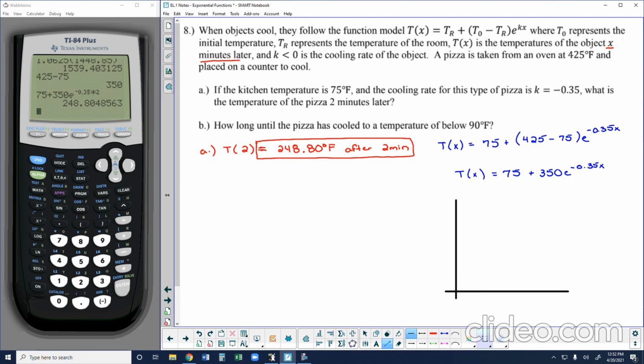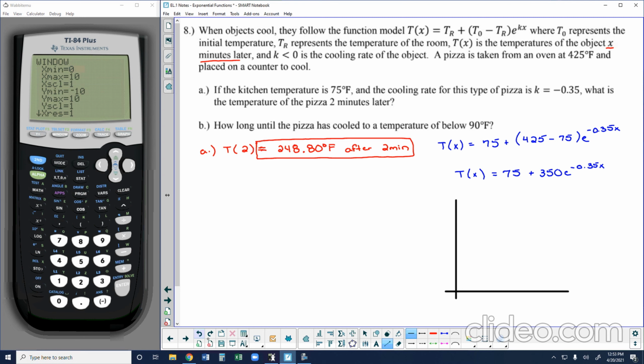So we're going to graph this function, T of x, that we created. This would again be 75 plus 350 times e to the negative 0.35x power. Now, what I'm going to do with my window is adjust the x minimum to 0, because this is minutes.